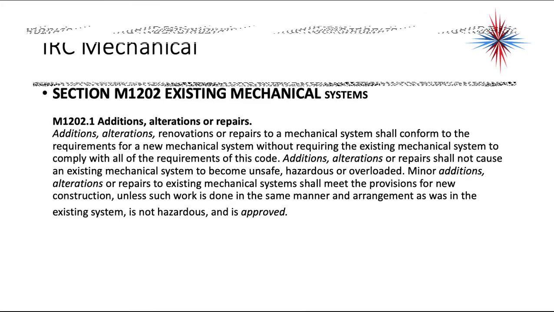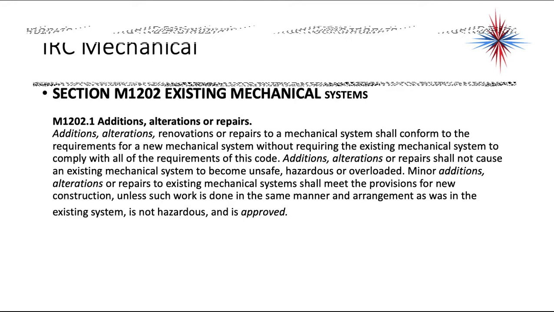Okay, Section 1202 talks about existing mechanical systems. So additions, alterations, or repairs is what we're specifically talking about. Additions, alterations, renovations, or repairs to a mechanical system shall conform to the requirements for new mechanical systems without requiring the existing mechanical system to comply with all the requirements of this code.